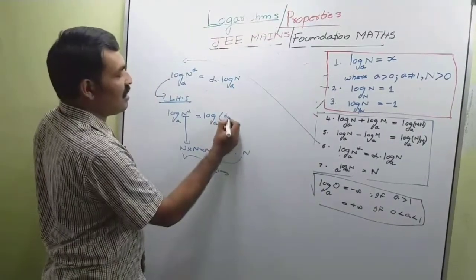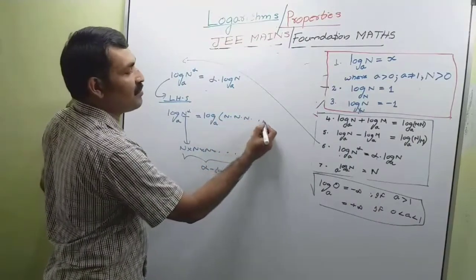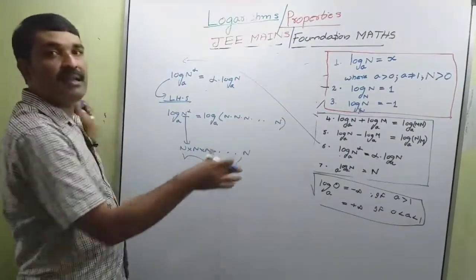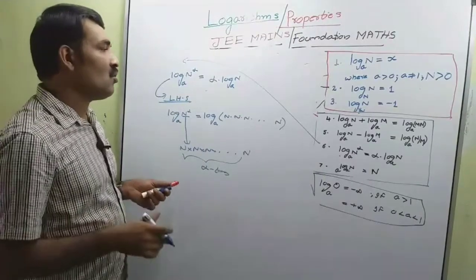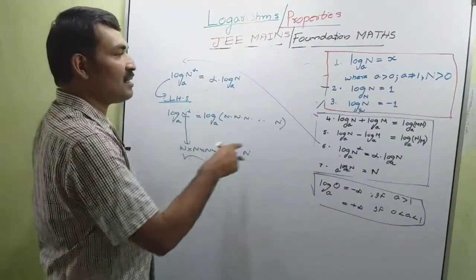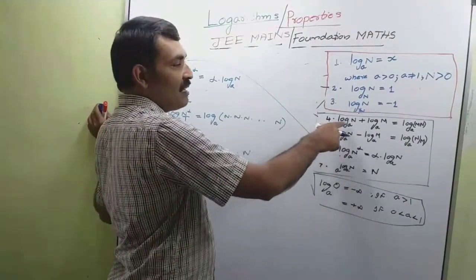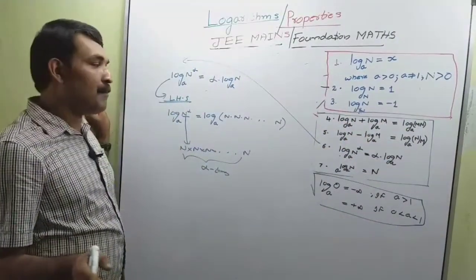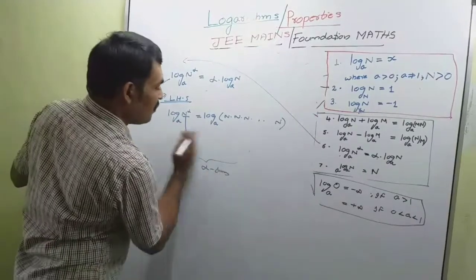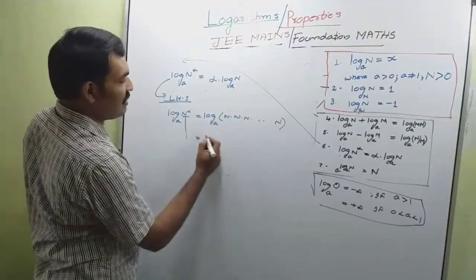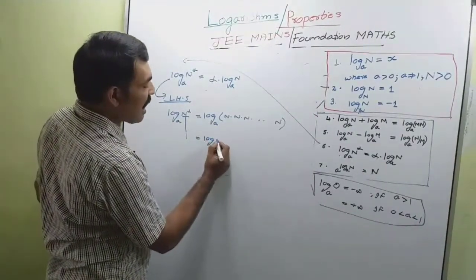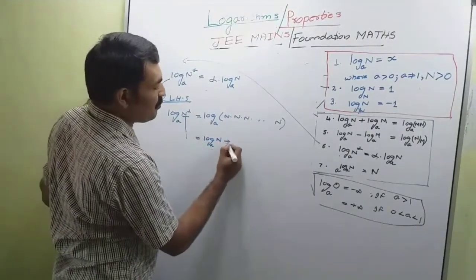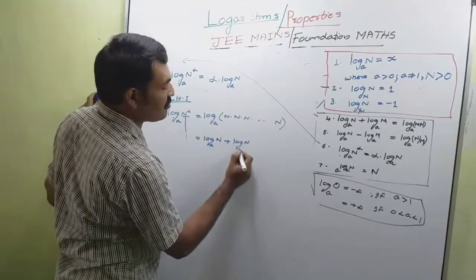Okay, that is n into n into n up to n, and the number of n's is alpha. So, by using the first property, that is log n plus log m is equal to log mn, we can write this as log n to the base a plus log n to the base a.